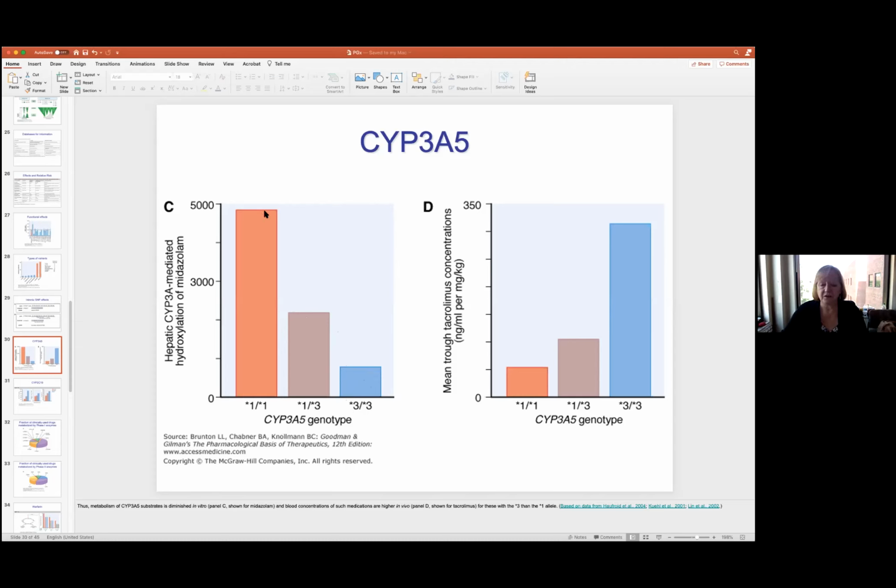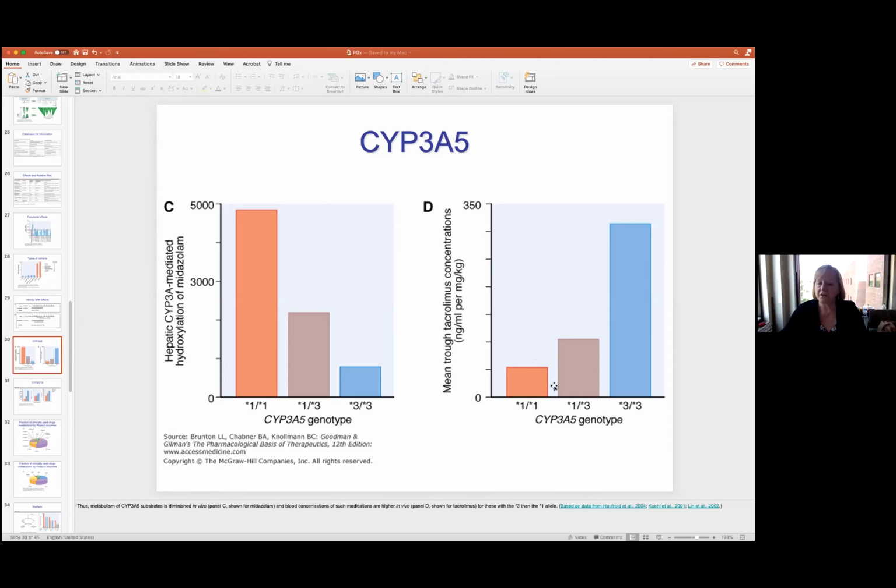The other thing is, if you look at the mean trough tacrolimus concentrations, once again you're looking at how much has been metabolized, right? If you've got great metabolism in between the peak of when you give the drug and the trough after you give the drug, you're looking at how much of the active drug is left.